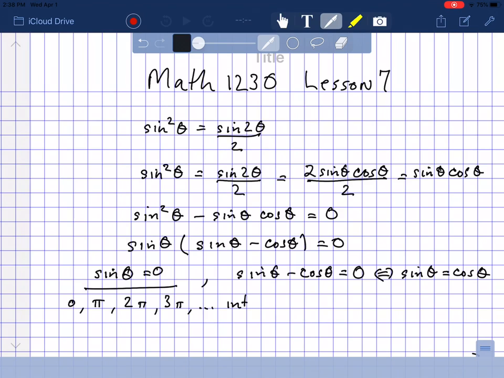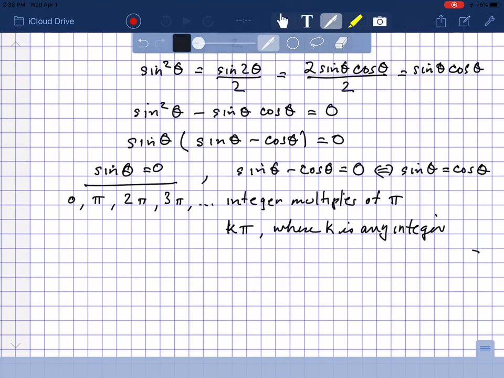So these are just all the integer multiples of pi, which I can write as k times pi, where k is any integer. All right, so we know that these are going to be solutions to our equation.